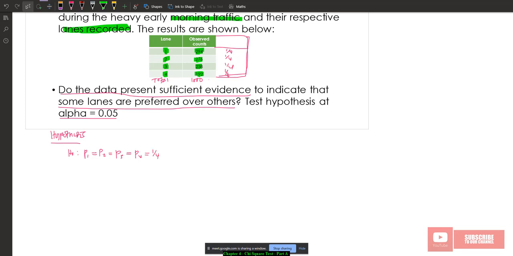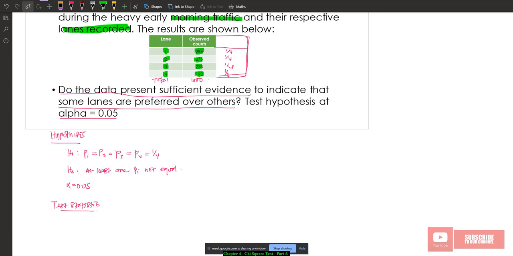The alternative hypothesis is that at least one lane probability is not equal, so maybe drivers prefer lane 3, lane 4, or lane 1. Our alpha is 0.05. Now we are going to compute the test statistic.